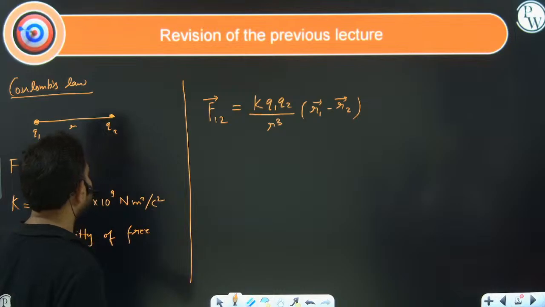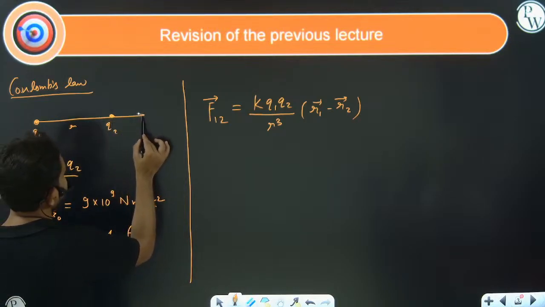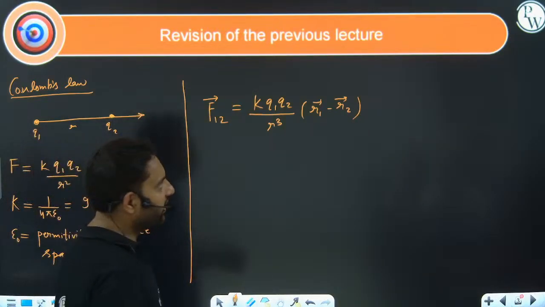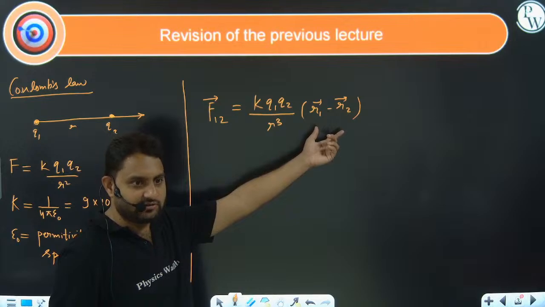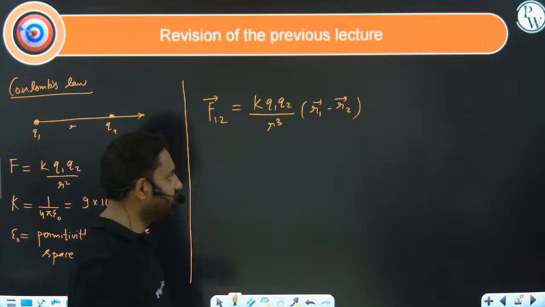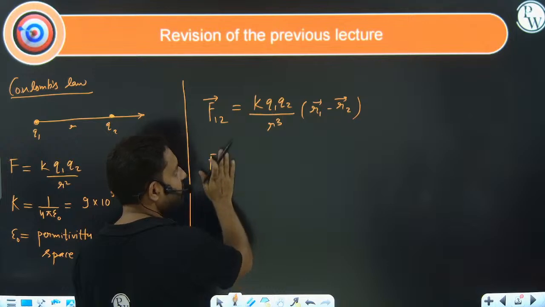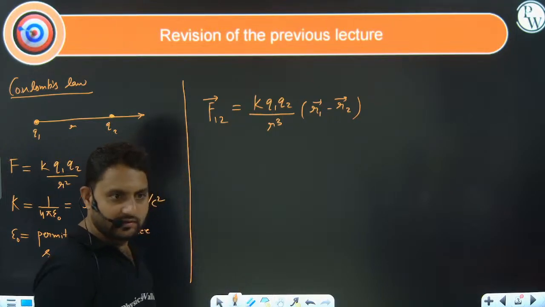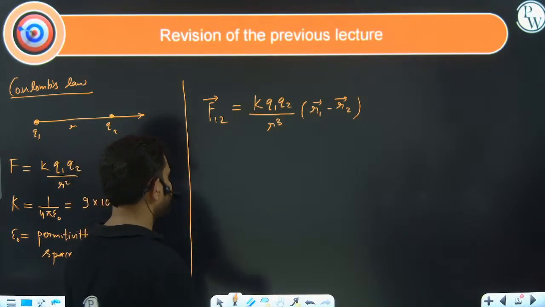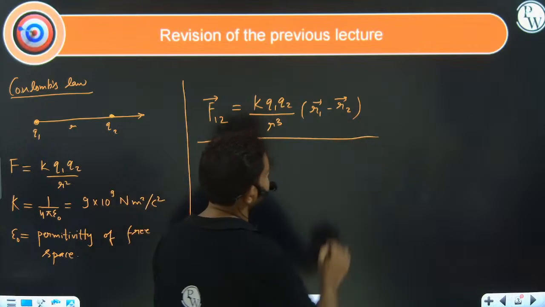This force is directed this way, depending on the signs and on R1 and R2 also. Then if I want to write F21, I can easily write it. This is Coulomb's law.